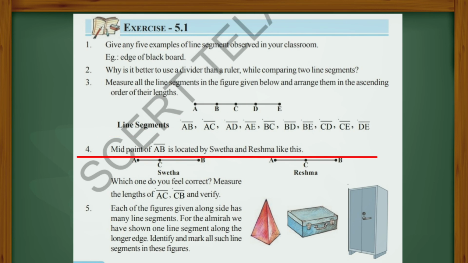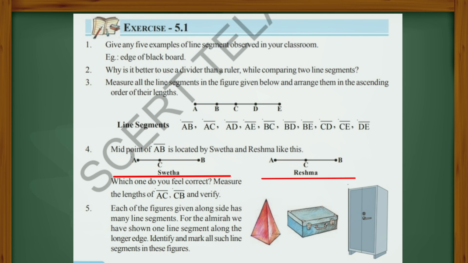Now come to the fourth problem. Here, two children, Sweta and Reshma, are trying to find out the midpoint of line segment AB. But if you see Sweta's and Reshma's figures, which one do you feel is correct? Measure the length of AC and CB and verify. Will you do, children? Measure the lengths of AC and CB of both children Sweta and Reshma.